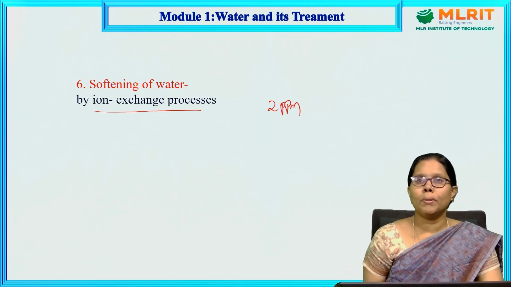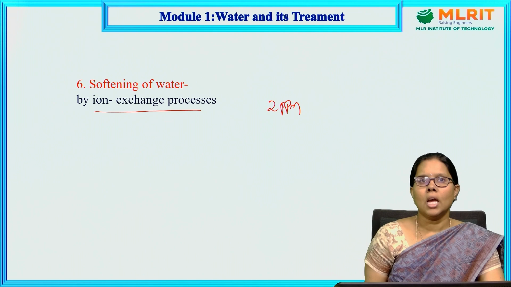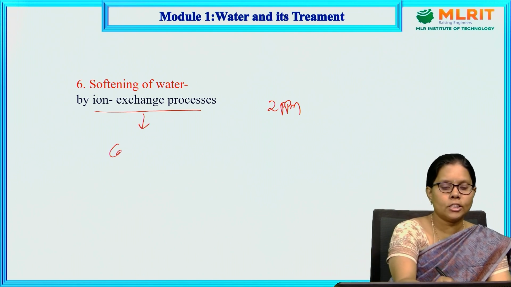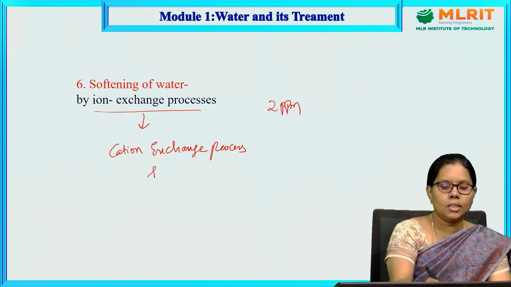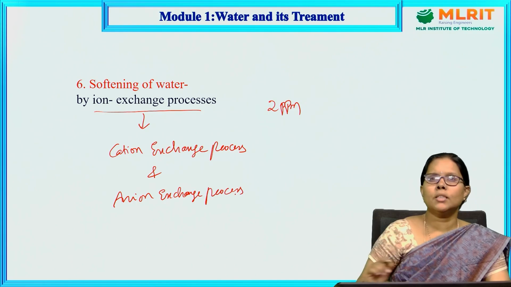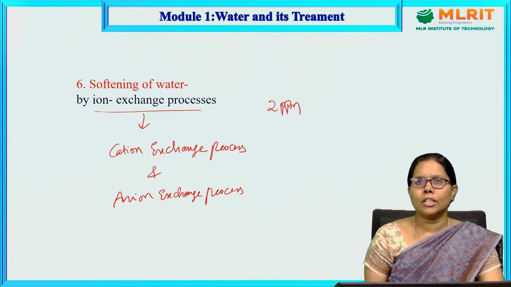Up to 2 ppm hardness we can purify the water by using the ion exchange process, both cation exchange process and anion exchange process. This is the process by which we remove the cations and anions.